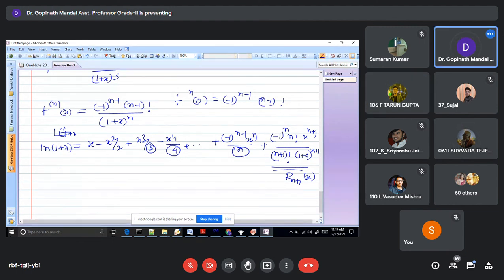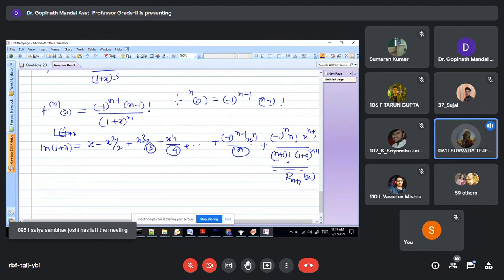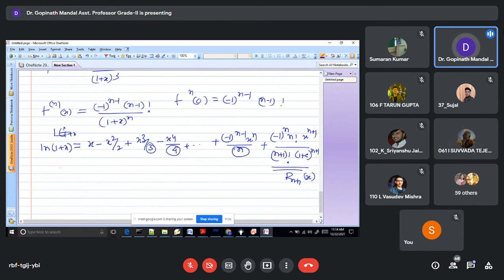Sir, the log(1 plus x) expansion is x minus x square by 2 plus x cube by 3. Should we give it only at x equal to 0? Do we tell the same expansion in general also? The general expansion we get from the Taylor series expansion. But if we change it to x equal to 0.5?